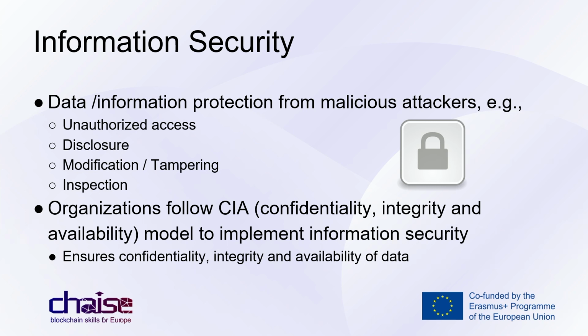For example, there are two different parties who are communicating with each other, and the attacker comes in between them, and then starts inspecting the information or the data which is flowing between two communicating participants. Information security enables the CIA triad, which stands for confidentiality, integrity, and availability of data within the software systems. And this CIA triad model guides policies for information security within software systems.